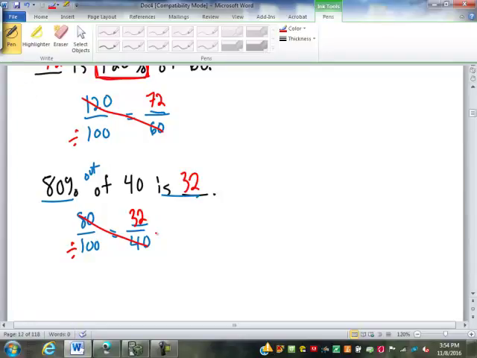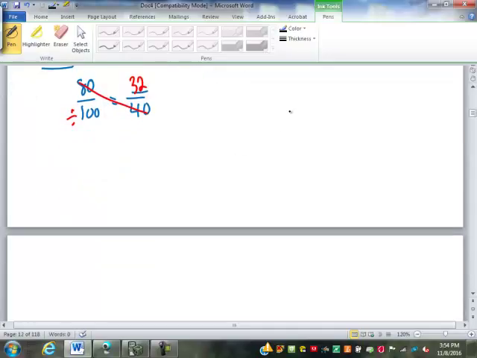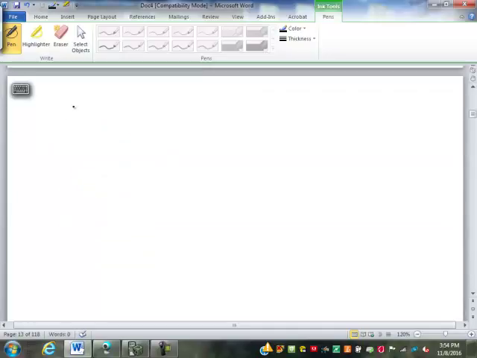So far, the three problems we have done have all been similar types. Now I want to look at one that's a different type. $18 is 60% of blank.